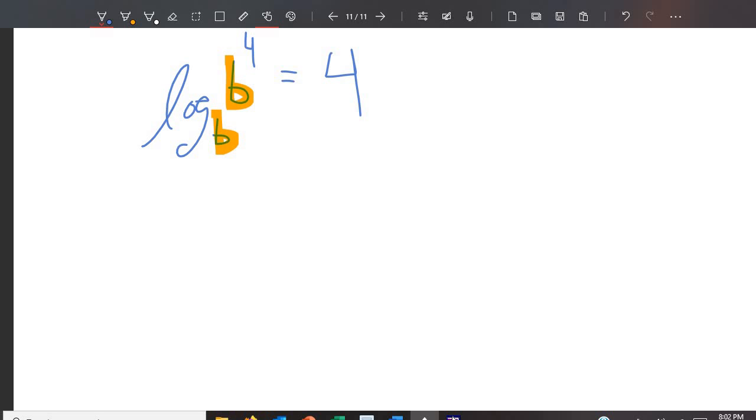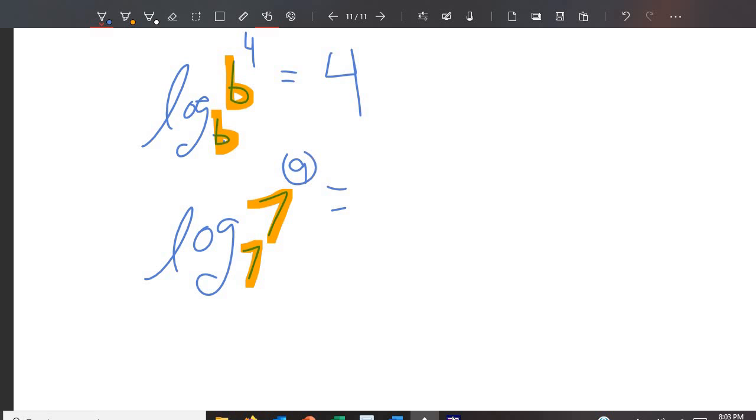You can think of it like this. The log and this little b and that big B cancel each other out, and you're left with the exponent. So if I had log base 7 of 7 to the 9th power, since the 7's match, my answer just turns out to be whatever that number is.